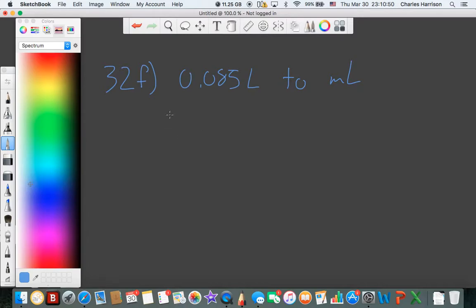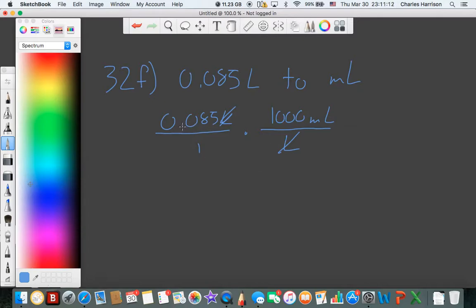So it's 0.085 liters divided by 1, and we're going to times it by, now you should know, there are what? 1,000 milliliters in 1 liter. So we cancel out the liters, and then we just times this by 1,000.